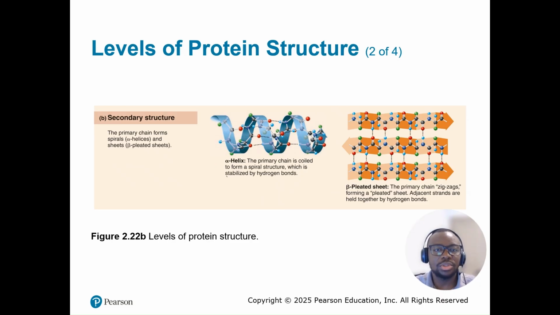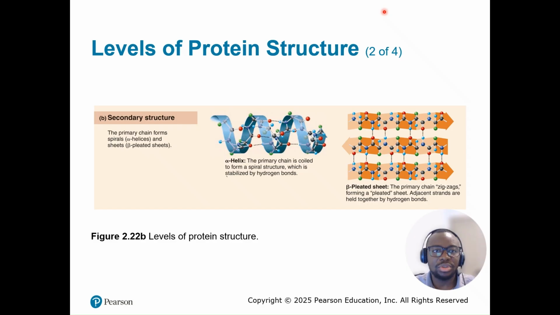This figure illustrates the secondary structure of a protein, which forms when the primary chain twists into spirals or sheets. When the primary structure twists into spirals, the resulting coil structure is called an alpha helix. Alpha helices are stabilized by hydrogen bonds, shown here as dots.